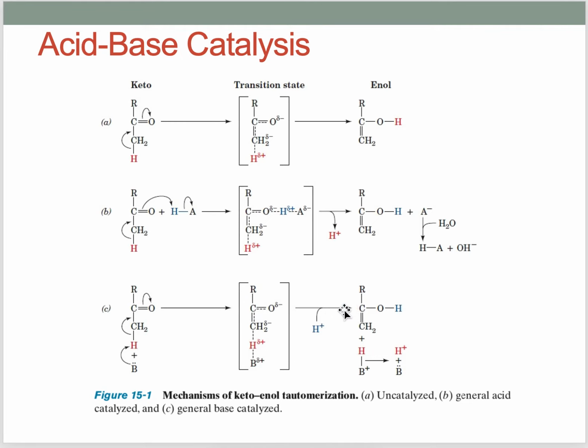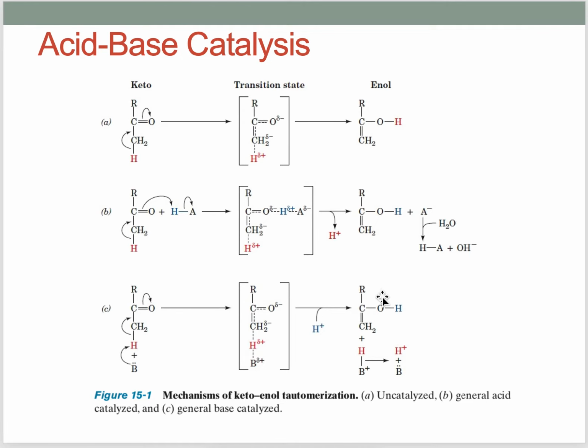Eventually a fully developed double bond will be formed here, and this hydrogen will get released from the keto structure, and due to that a transition negative charge will be formed here. That means the oxygen here will be negatively charged. As it is negatively charged, it can easily bind with a free proton.